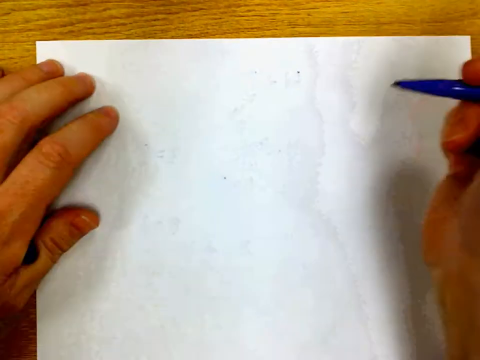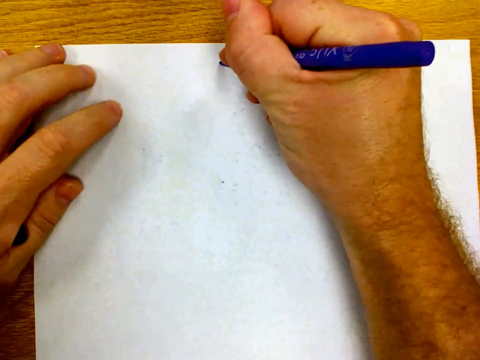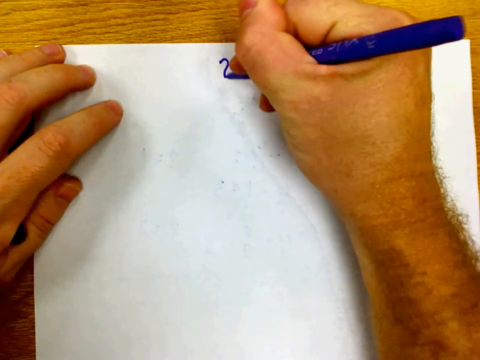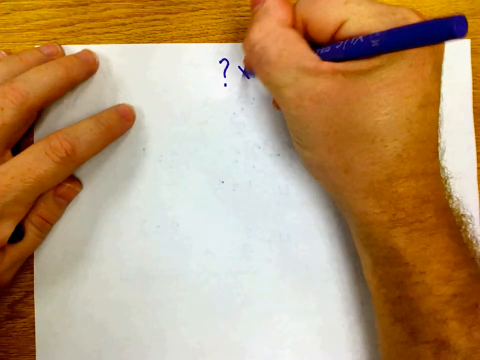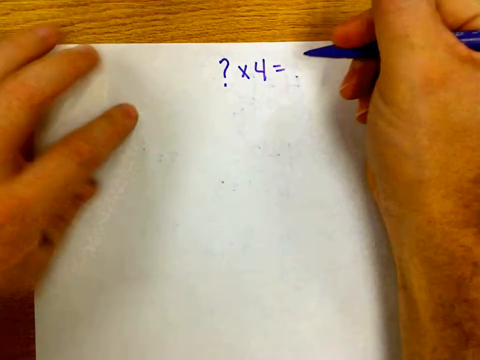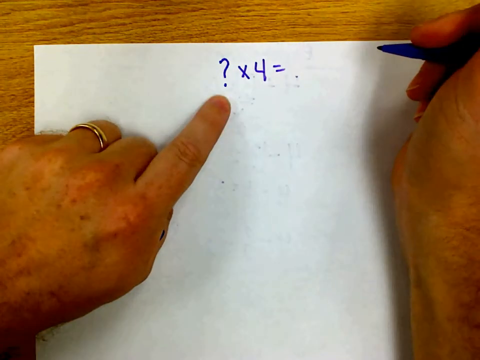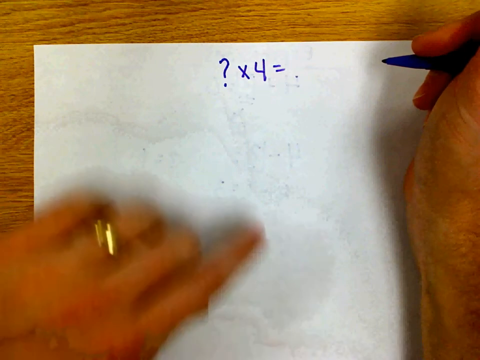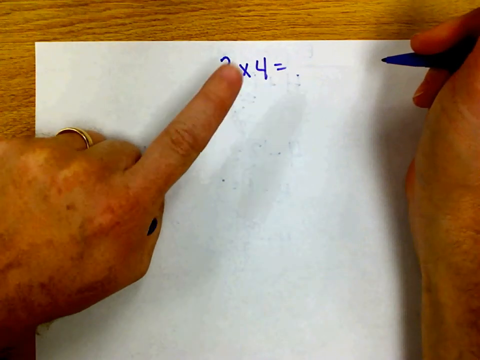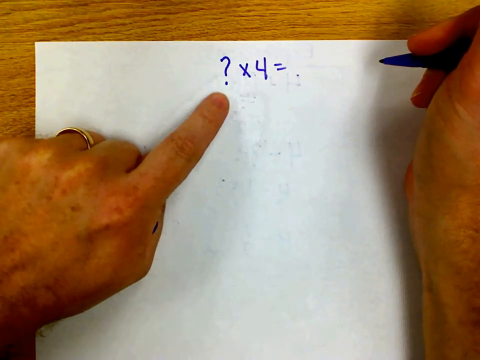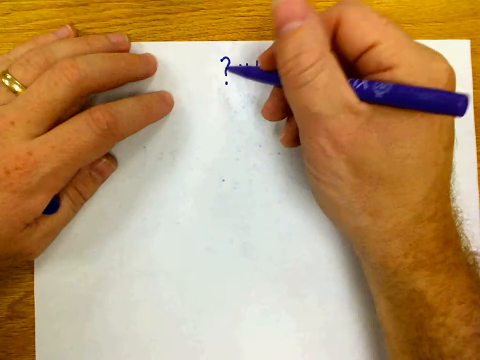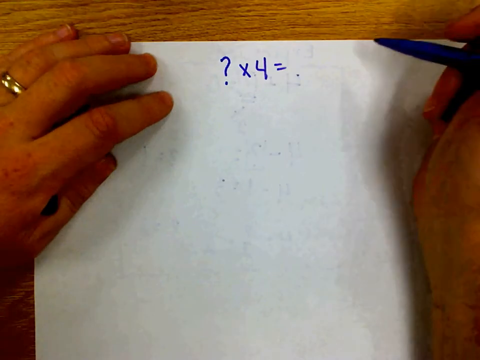Okay? So let's say I wanted to say some number times 4. And this number is going to change. This question mark is going to change, and we're going to decide what it is from time to time. Well, what they do in algebra in solving these expressions is, instead of putting a question mark, they put a small letter.